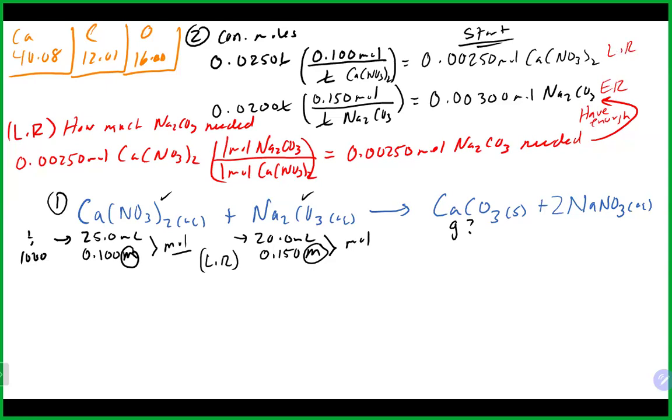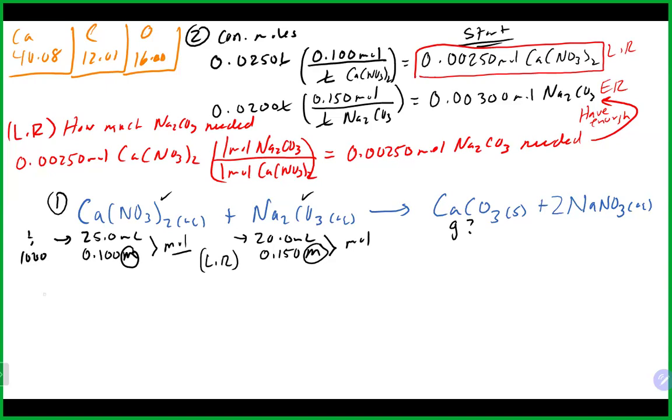The calcium nitrate is the limiting reagent in this case. Any questions on that? The importance of that is, as we've talked about previously, it is always the limiting reagent that determines how much product we will make. So in this case, we want to use the limiting reagent to figure out how much product we're going to make, which is the calcium carbonate.